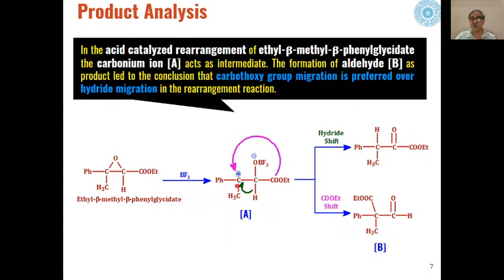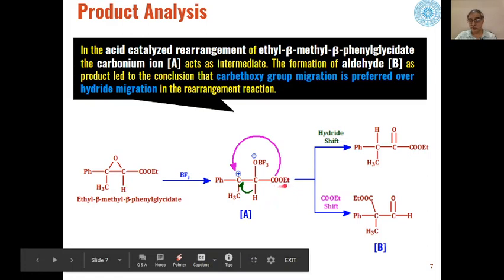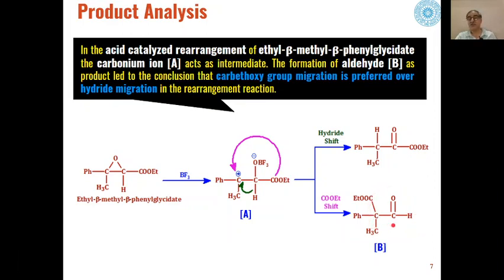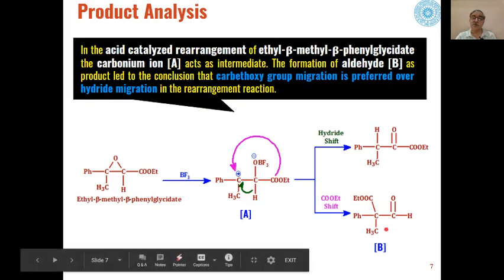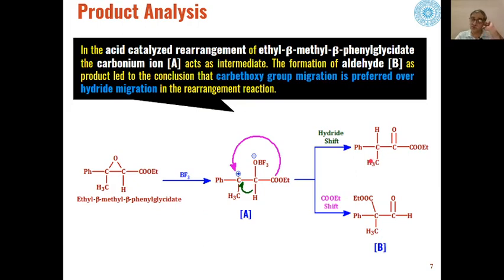So if hydride shift takes place, then we will get this type of product, and if this ester group migrates, then we will get this type of aldehydic ester as the product. When this reaction was performed, it was found that in actual this product is formed and this product is not formed.